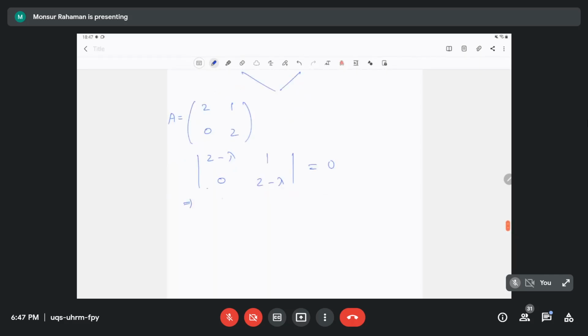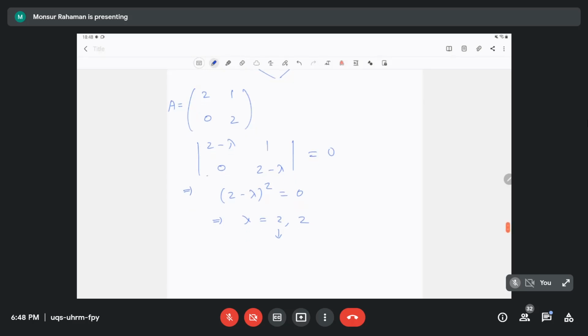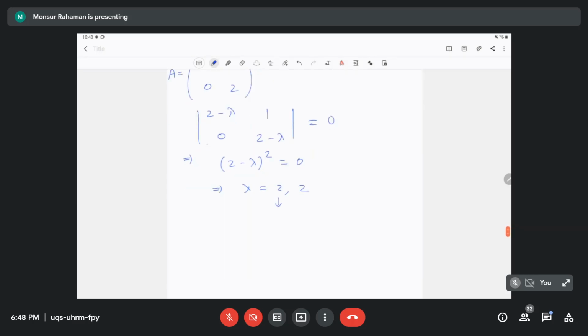So this is (2 minus lambda) squared equals 0, so lambda equals 2, 2. So 2 is the eigenvalue which is repeated 2 times. So 2 has algebraic multiplicity 2. Now we will have to find the eigenvectors corresponding to 2.